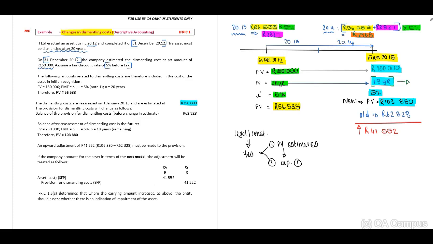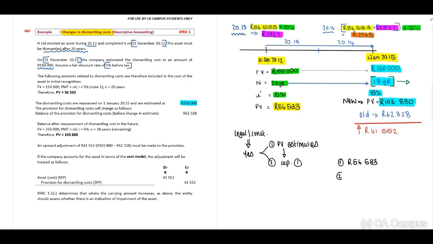Now it is important that you understand, guys, what is the amount that is currently in the records of H Limited? This will be our first journal entry, the 56533.